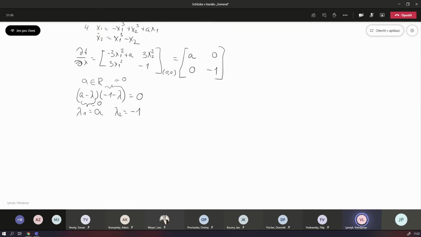Okay, when a less than 0, and lambda 1 equal to a and lambda 2 equal to -1, what we can say about the stability of the origin?